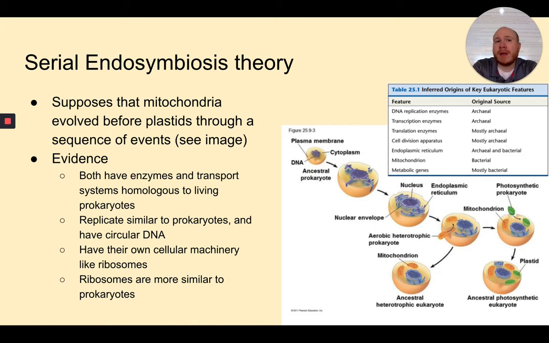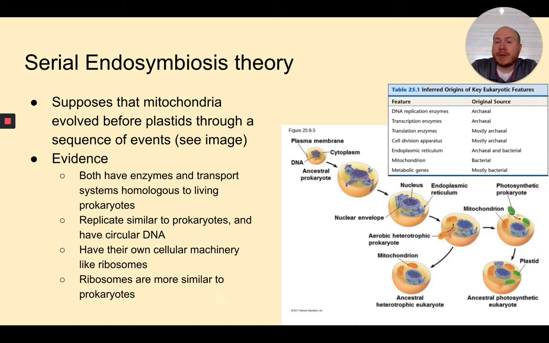So we have a bunch of evidence for the endosymbiosis theory. Both mitochondria and plastids, so our chloroplasts, have enzymes and transport systems that are homologous to living prokaryotes. Homologous means that they have the same structure, okay? So they have similar structure to prokaryotes that are still living today. They replicate similar to prokaryotes and have circular DNA.